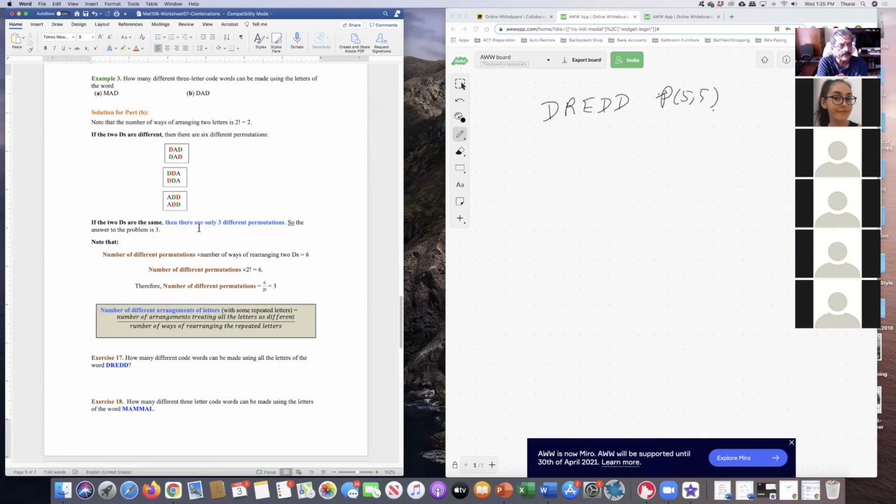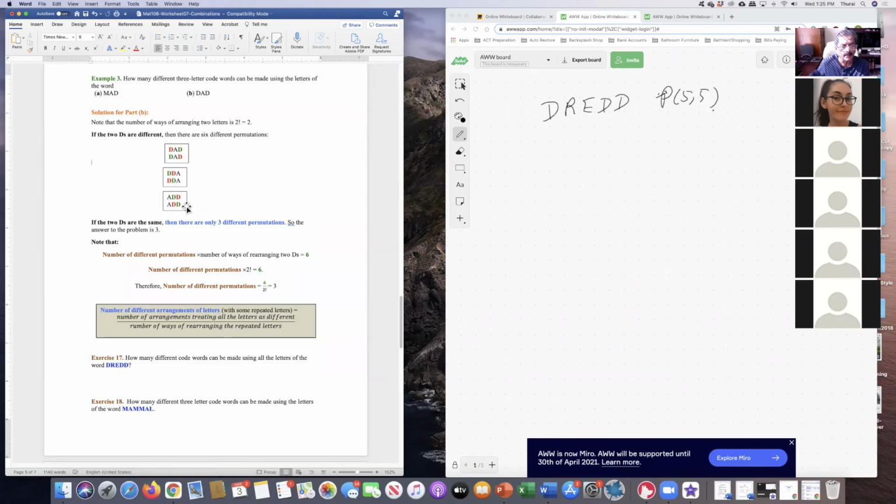If they're actually different, then there are 6, but they're not different. Because they are matching, the 2 words in the first box are the same word. The 2 words in the second box are the same. The 2 words in the third are the same. So the actual different words I have are 3: DAD, DDA, and ADD. That's it. I have only 3.